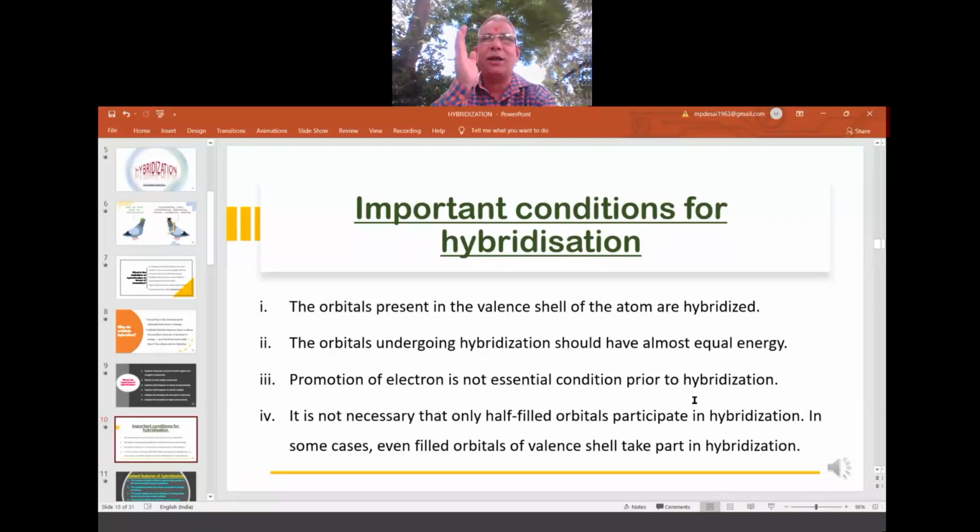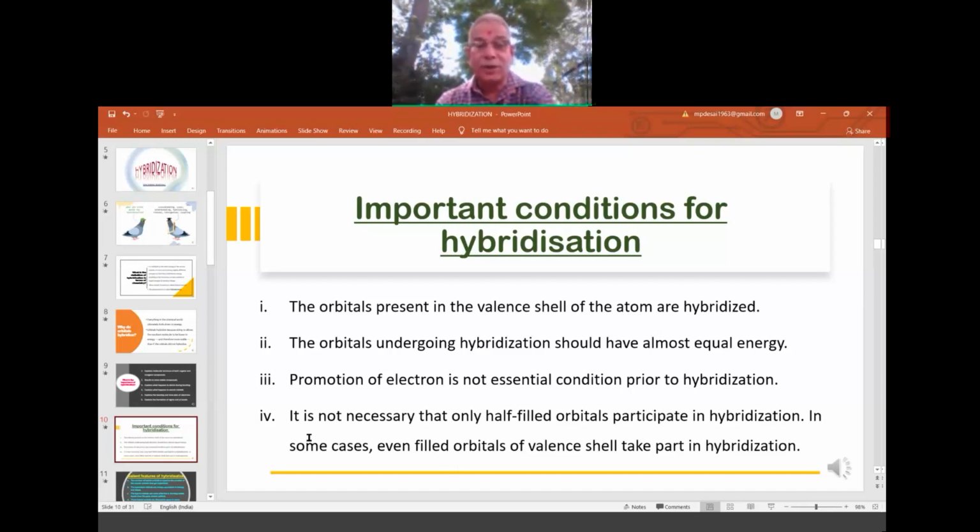If unpaired electrons are already available in the valence shell, no problem. Depending upon the requirement, if only a few unpaired electrons are available and I want more, at that time I have to go for promotion. So promotion is one of the conditions, but it is not the essential condition. If it is required, we will promote, otherwise no.